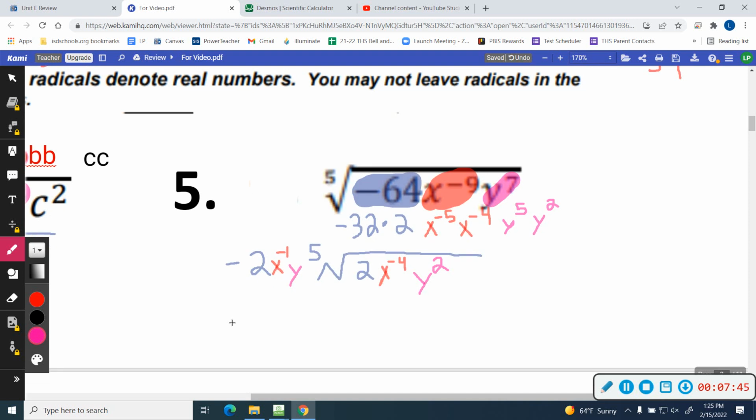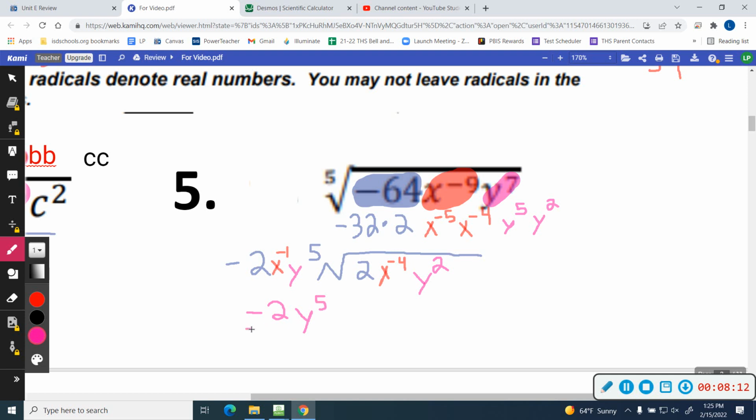All right, now putting all this together, that'd be x to the positive 9, and a radical. Now putting all this together, I would drop that down to the bottom. So I get negative 2 y.